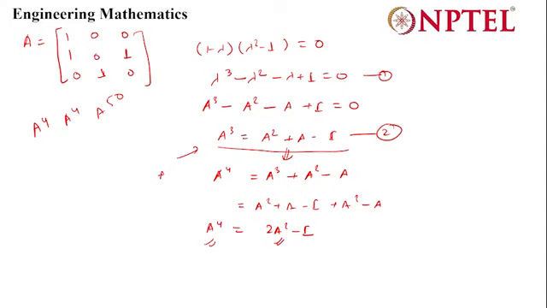Now for a to the power 8, a to the power 8 could be written as a to the power 4 multiplied by a to the power 4. So you can write it as (2a square minus i)(2a square minus i). If you multiply this, it will come as 4a to the power 4 minus 4a square plus i.